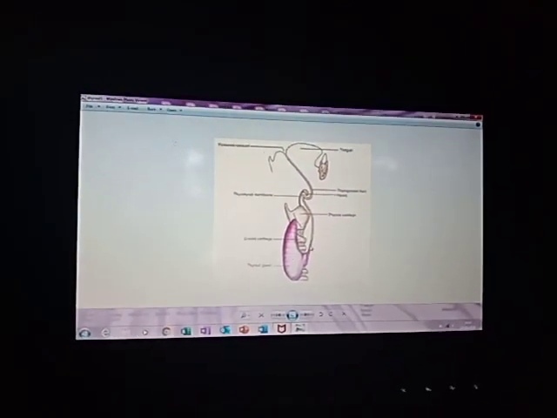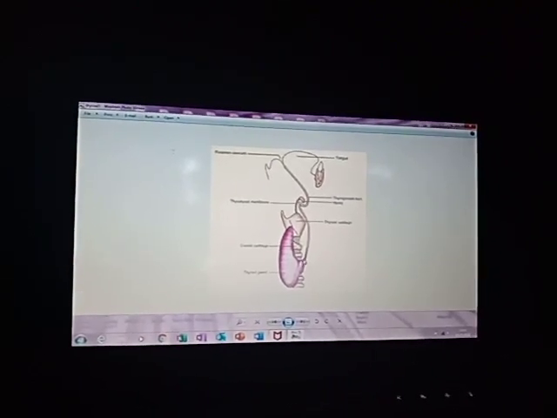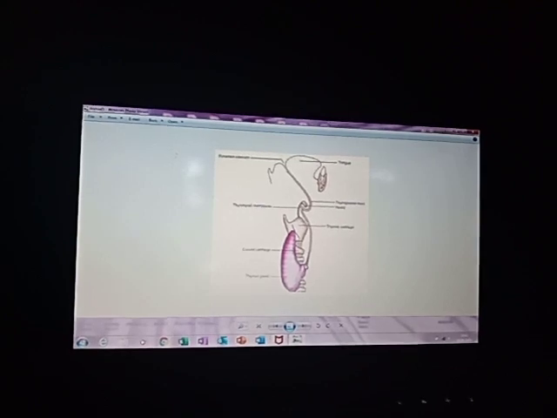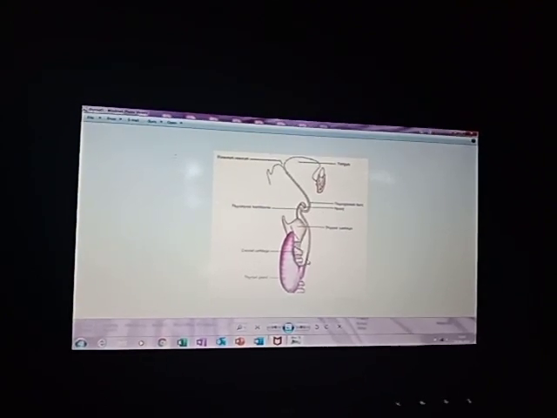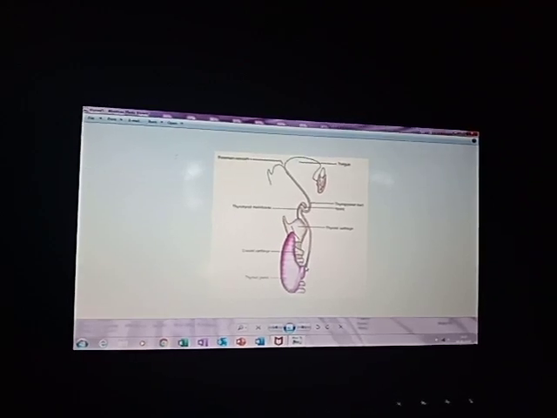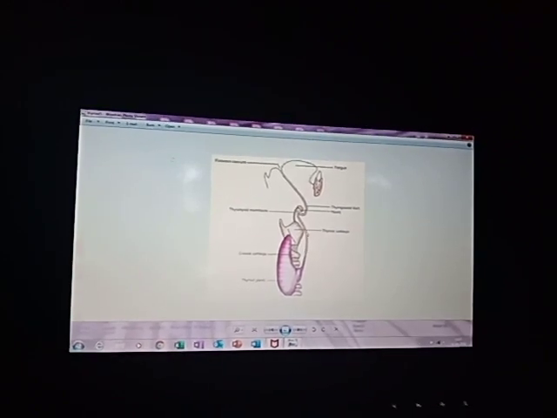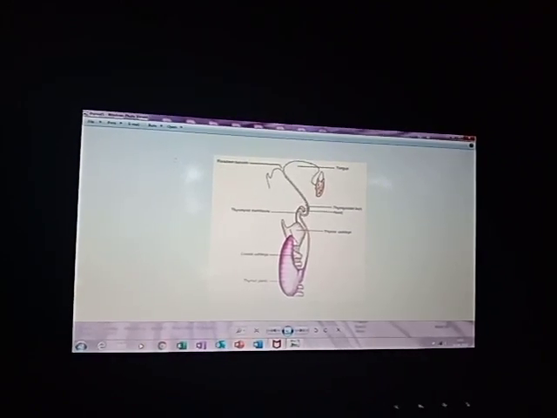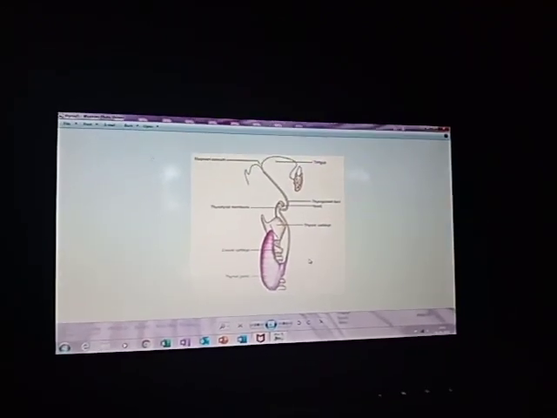Okay, the lower part of this thyroglossal duct is known as the pyramidal lobe of the thyroid gland, which is attached to the isthmus of this gland, and the rest of this part disappears. But if some part persists, this is known as the thyroglossal cyst.